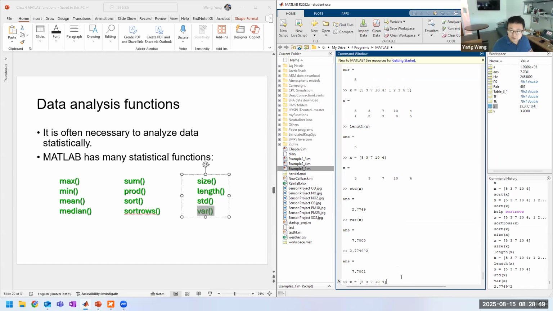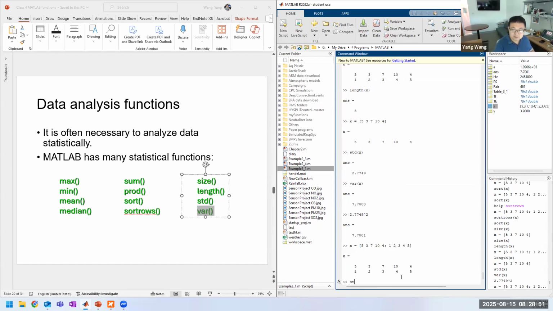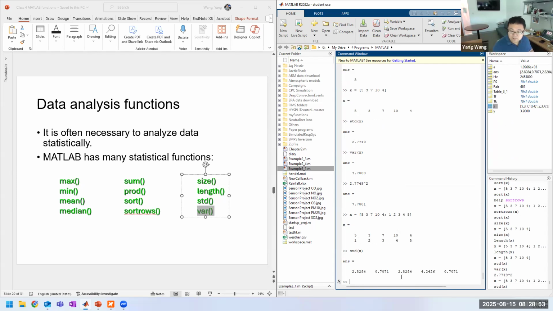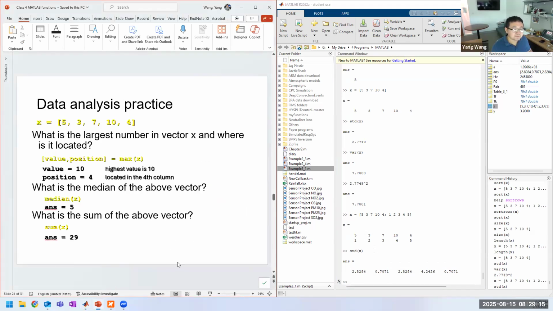You can also do this calculation on a matrix, right? STD of X, I believe it's going to, again, do the column-based calculation. And if you want to get the standard deviation of everything, I think instead you have to convert it into an array, right? Because the standard deviation of all the elements is not going to be the same as the standard deviation of these 5 elements.